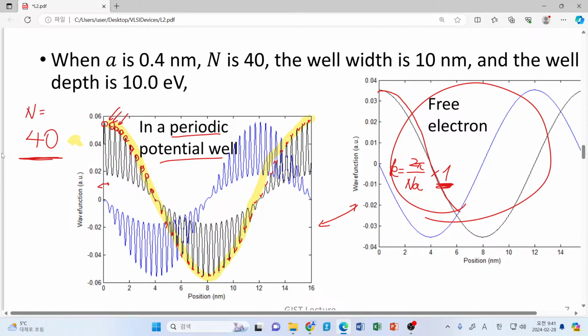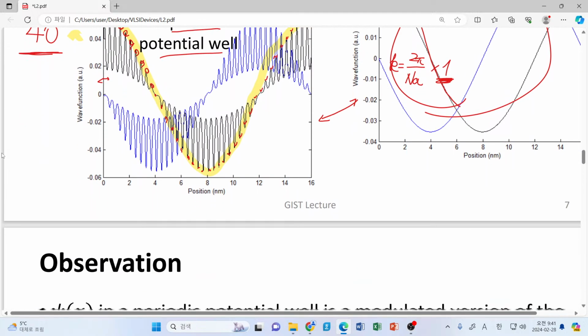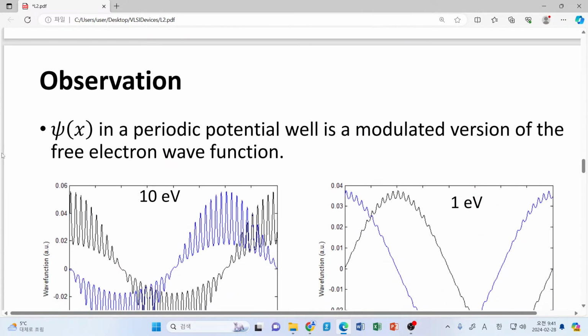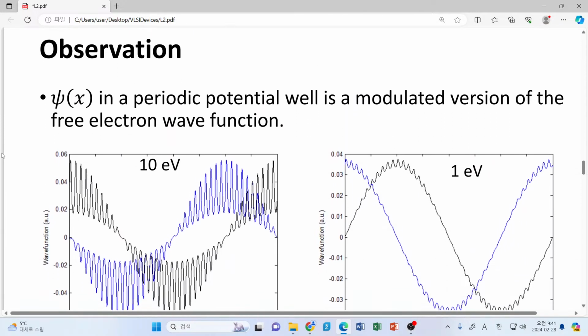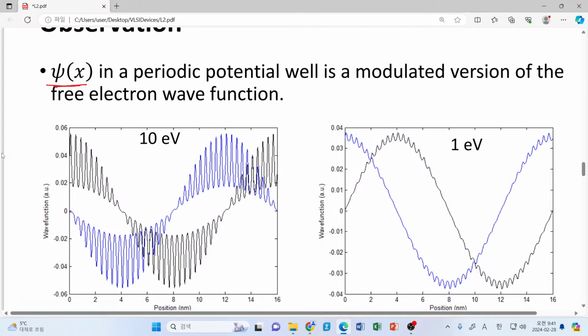If you have any question, once again, please let me know. Now I just repeat this observation once again. Our wave function in a periodic potential well is just a modulated version of a free electron wave function.